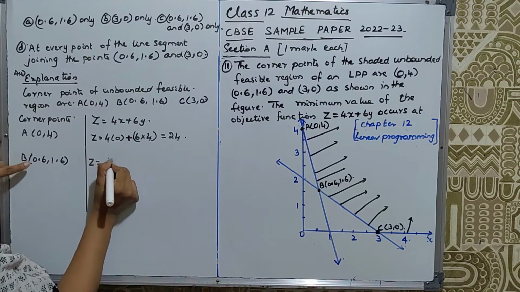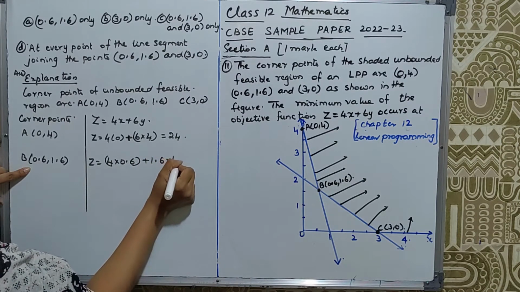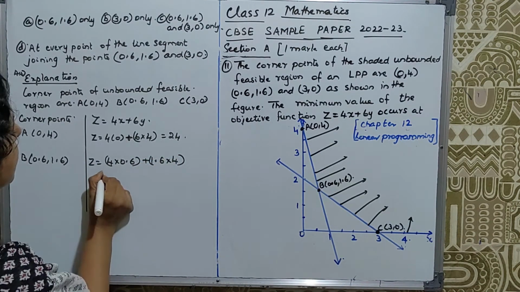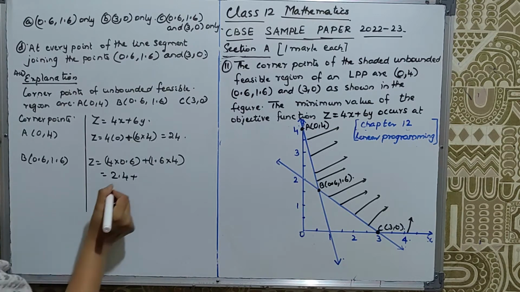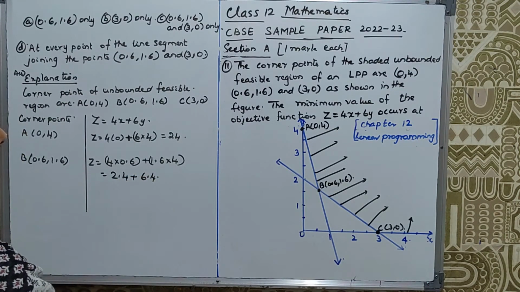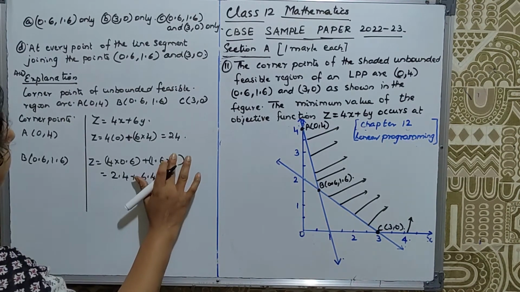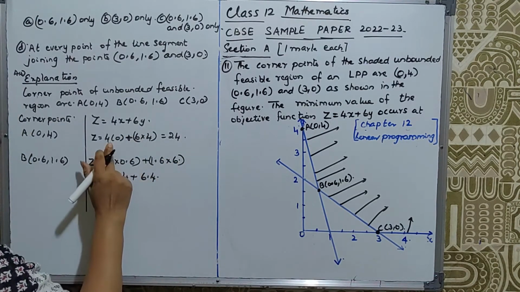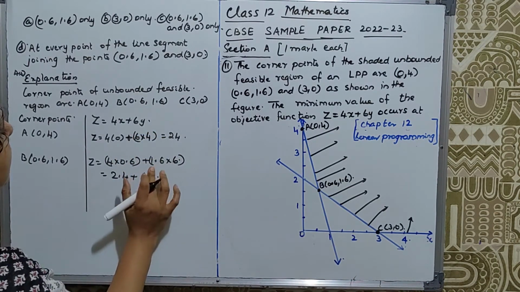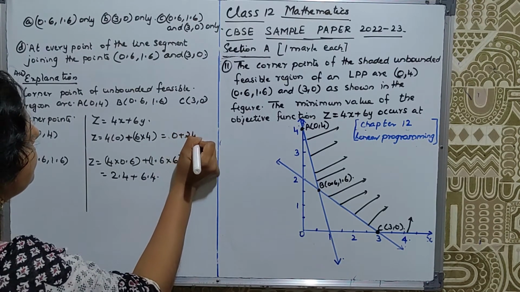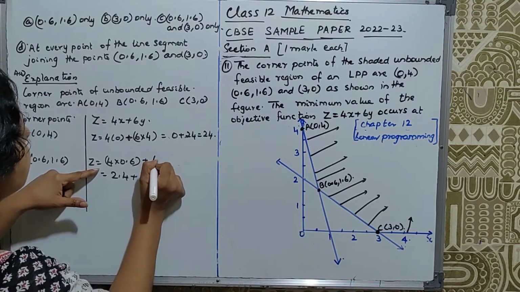What is the Z value? 4 into 0.6 plus 6 into 1.6. 4 into 0.6 is 2.4, and 6 into 1.6 is 9.6.